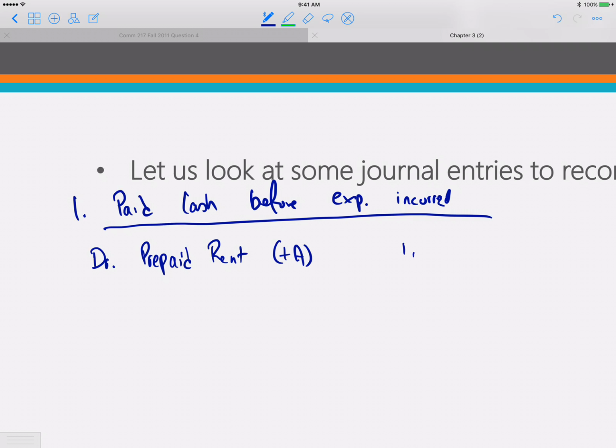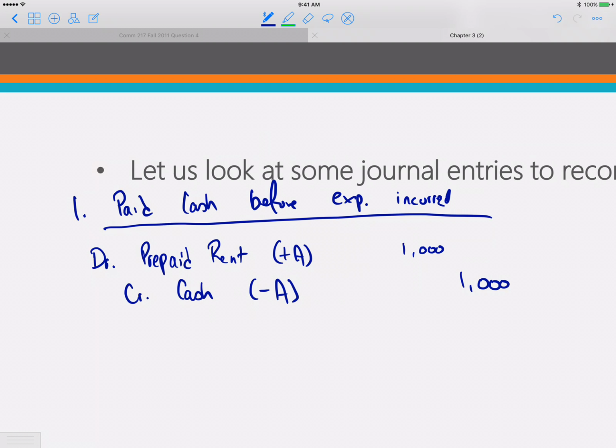So let's say that was for $1,000 and we paid cash, so we decrease our cash by $1,000. Now, prepaid rent is an asset because it has a future economic benefit for us. If you recall the definition of an asset, it has a future economic benefit. So by paying for rent in advance, we have the future benefit that we're going to be able to use this space that we've rented for our business.